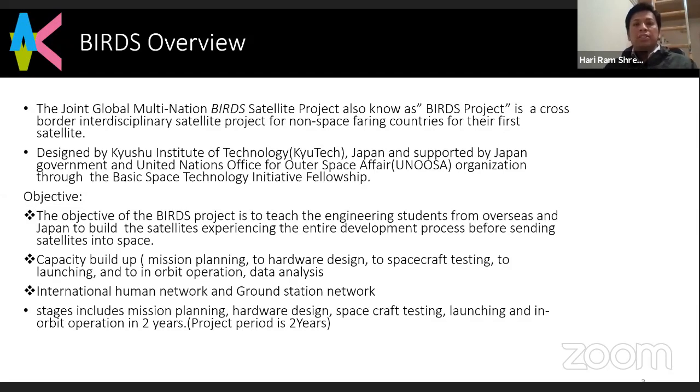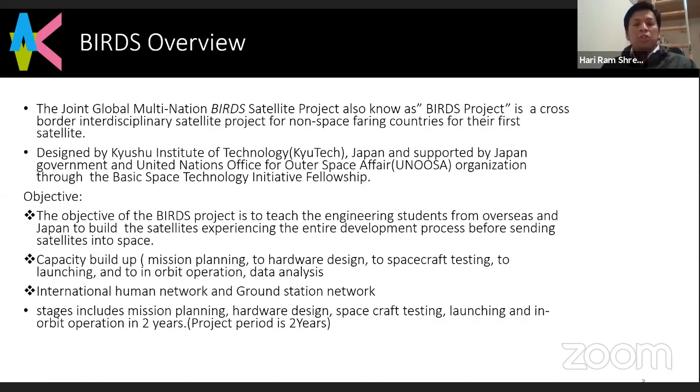The first project started from 2015. BIRDS-1 was launched in 2017, BIRDS-2 was also launched, and BIRDS-3 is also in orbit. Japan helped many countries like Bhutan, Nepal, Sri Lanka, and also Ghana, Nigeria, and Mongolia. These countries have already built their nation's first satellite.